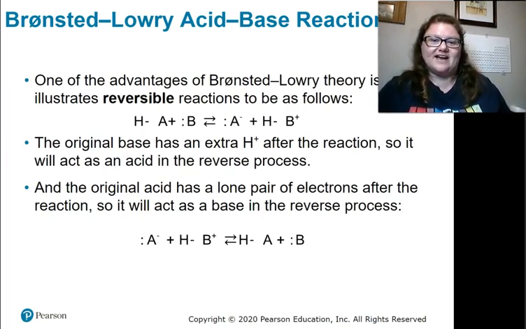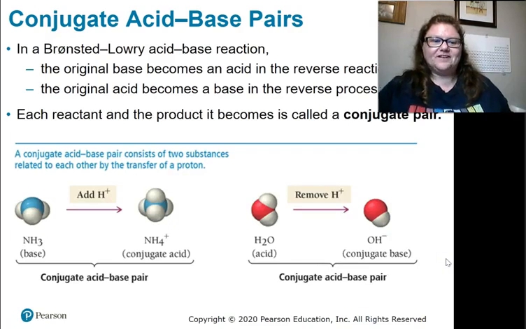Arrhenius was a one-way reaction, but if we follow the Bronsted-Lowry definition, where a base just needed that lone pair, there could be another hydrogen that could then now be acting as an acid, donating, and we can get a reversal of the reactions. So, let's take a look at real molecules here instead of those general equations.